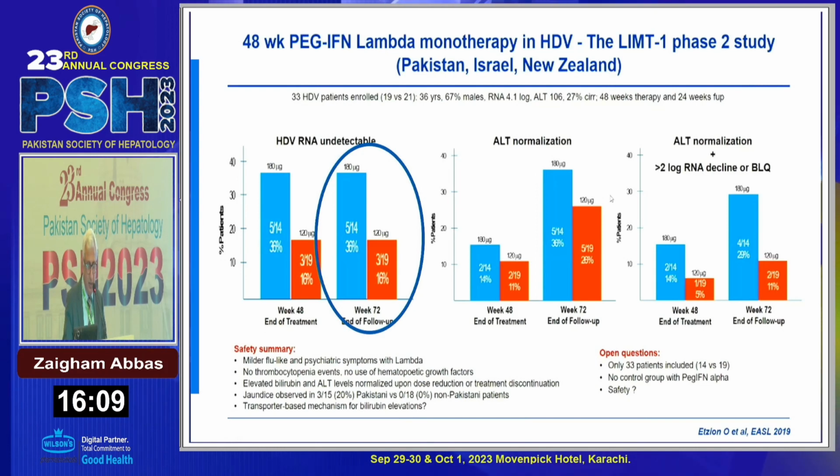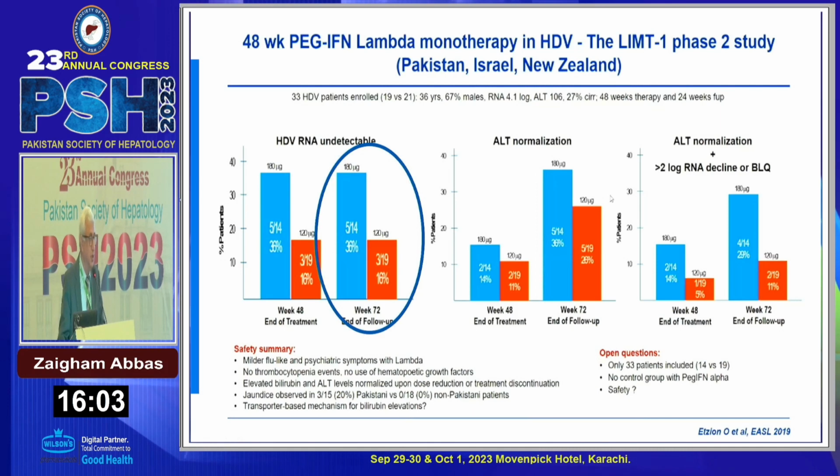Elevated bilirubin was observed in some of the patients, and 3 out of 15 patients recruited from Pakistan had elevated bilirubin. So in the next phase studies, Pakistan was dropped from the lambda interferon trials.